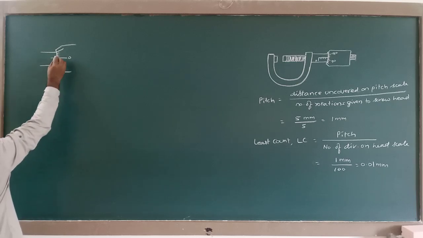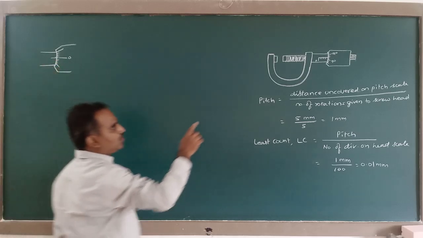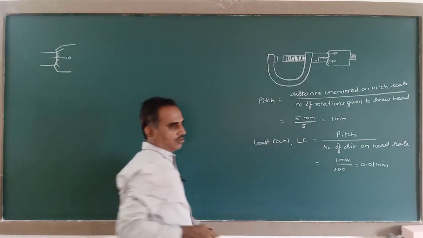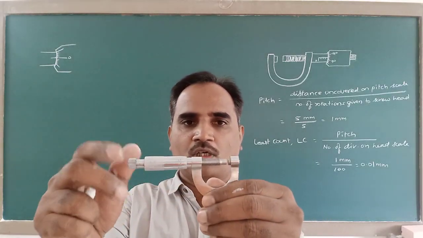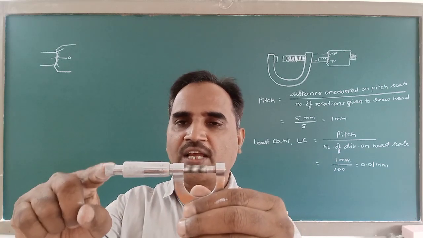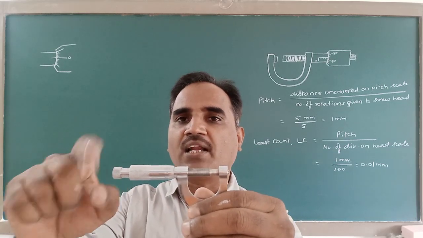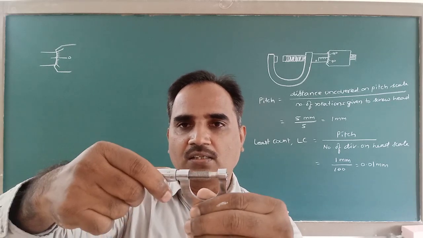When the anvil and spindle are both coinciding, when you coincide these two, you turn the knob until you hear 2 or 3 click sounds. Don't hold it like this and turn it tightly.